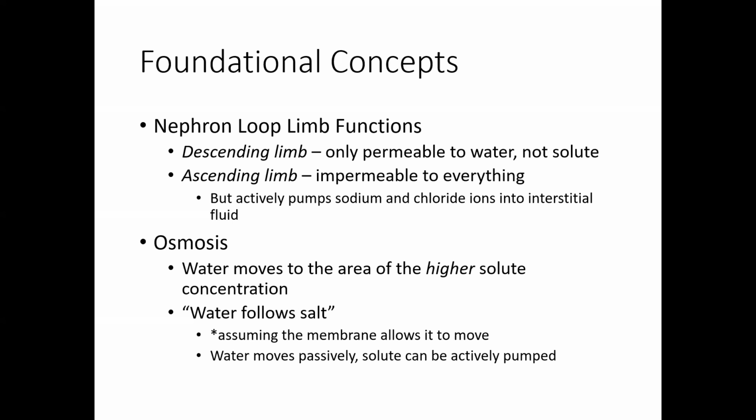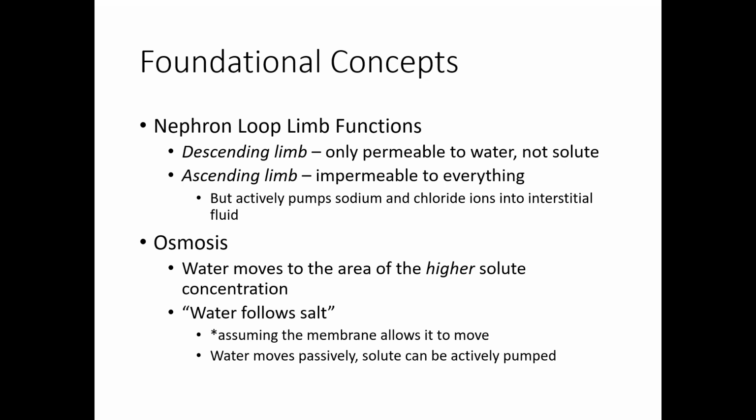Then we have the ascending limb. The ascending limb is fundamentally impermeable to everything. Nothing can diffuse across the epithelium of the ascending limb, but it has active pumping channels. It has sodium and chloride active transport pumps that pump those ions into the interstitial fluid.